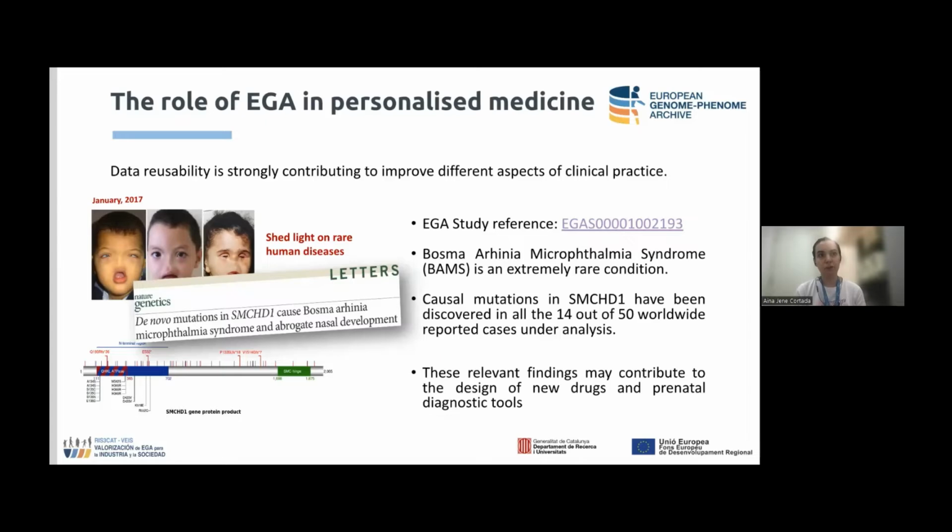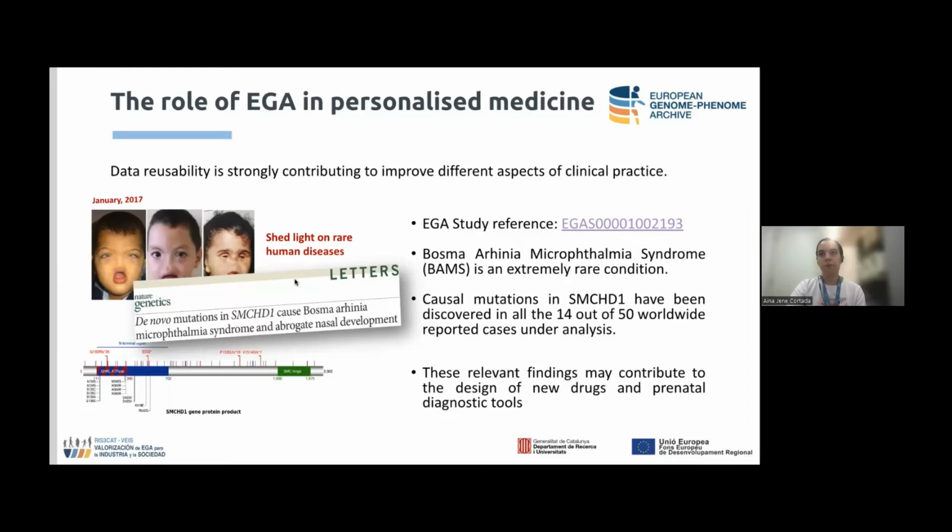So here we have one. In this example, we have an EGA study reference, which is this one, and it's released on our webpage. At the EGA, we have stored 21 samples from 7 different families with a rare disease called PAMS. This rare condition is characterized by a complete absence of the nose, and they can also have ocular defects, as we see here.